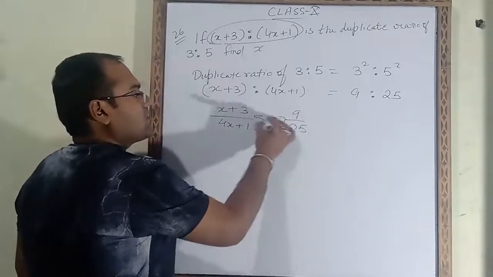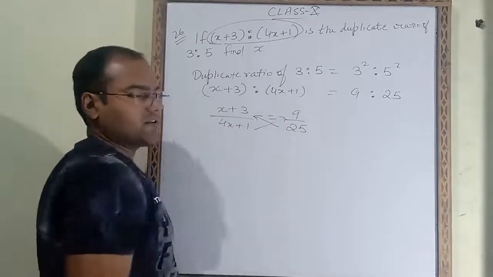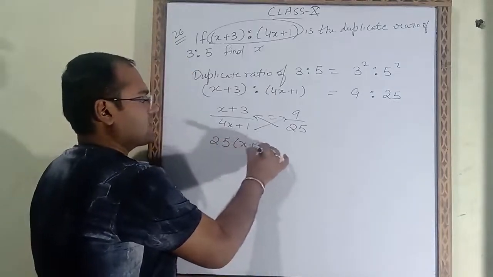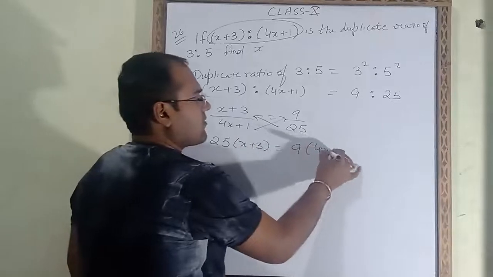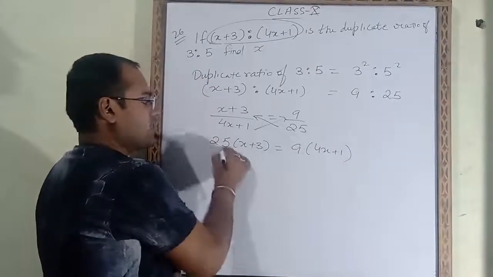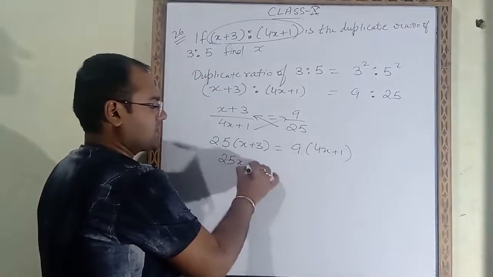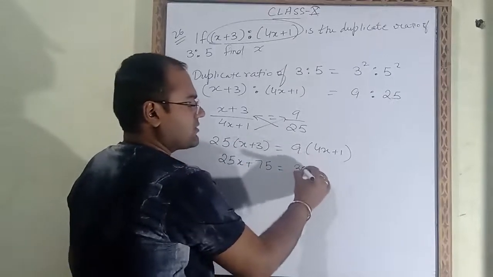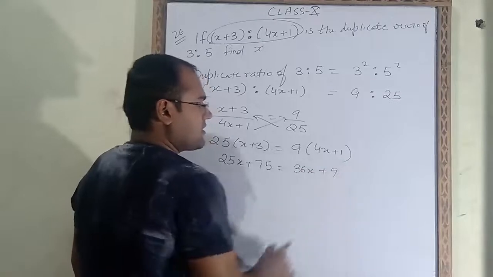Then you have to cross multiply it. After cross multiplying, we will get 25 into x plus 3 equals 9 into 4x plus 1. 25 into x is 25x. 25 times 3 is 75. 9 times 4 is 36x, plus 9 times 1 is 9.